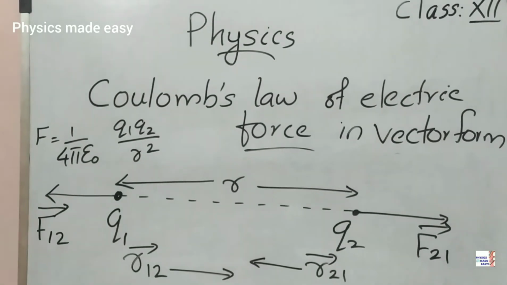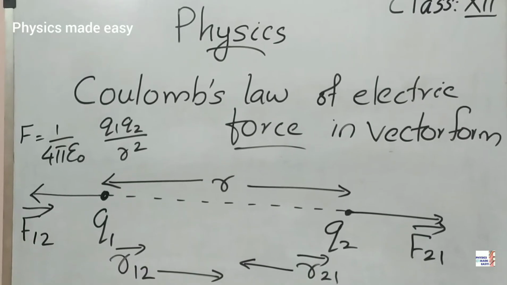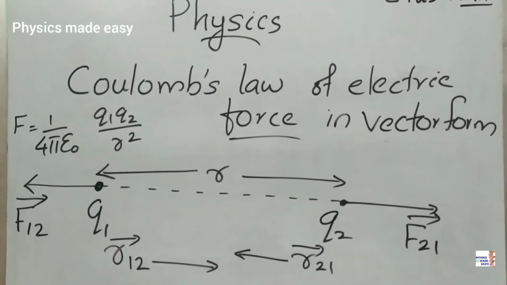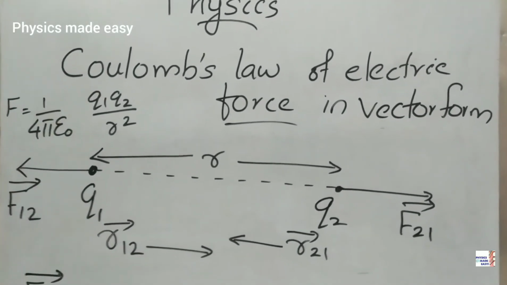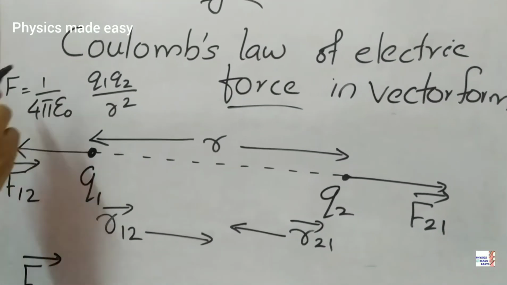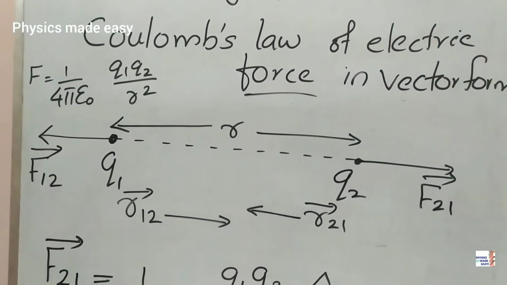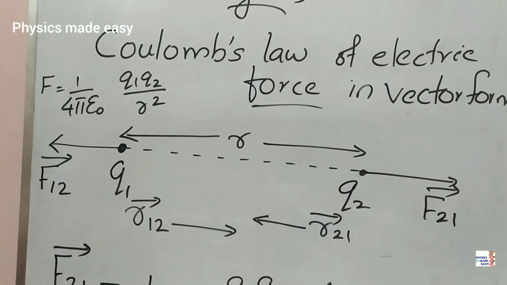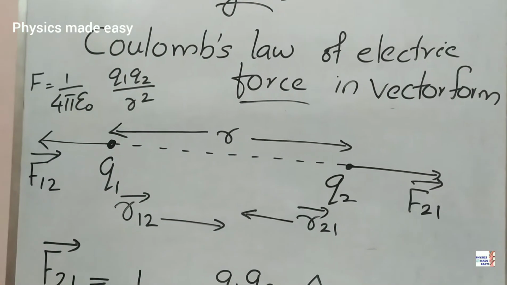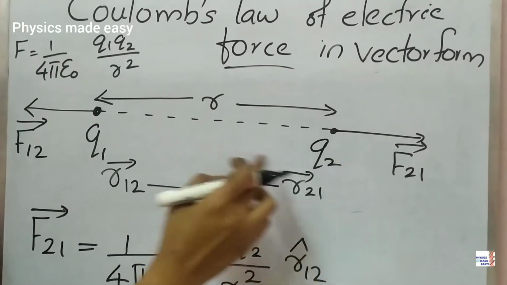Now, our next one is how to write Coulomb's law in vector form. You know force is a vector quantity. We know for finding the magnitude of the force, we can use this expression that we got from Coulomb's law, that is 1 by 4 pi epsilon 0 Q1 Q2 by R square. Then how can we write this electrostatic force in vector form? Here you can see Q1 and Q2, two charges are there.